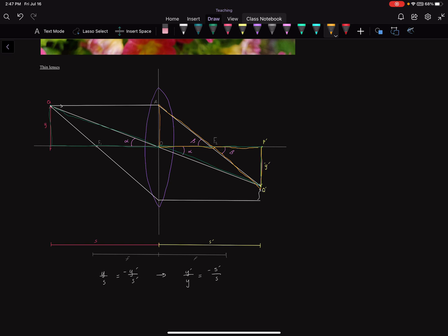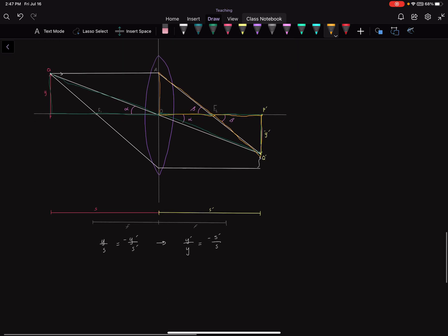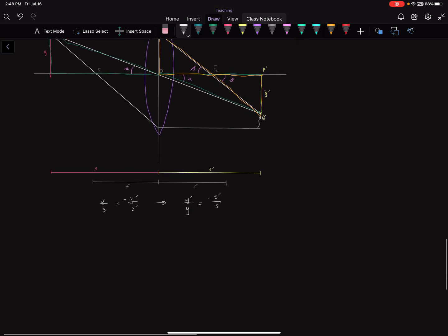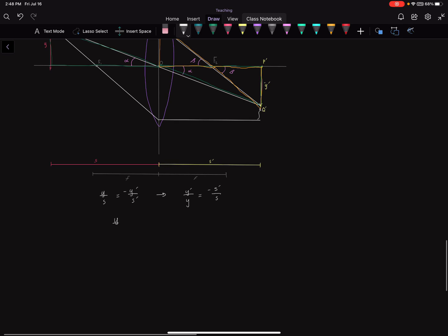Right? Those two triangles are similar. So we can also say that y over the focal length is equal to negative y prime over s prime minus the focal length.